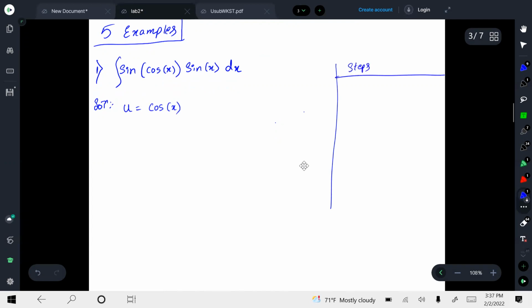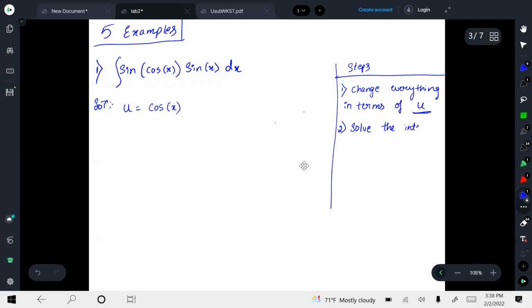Okay, so when it comes to U substitution, the first thing is you change everything in terms of U. That's the main concept here. And then you solve the integral.